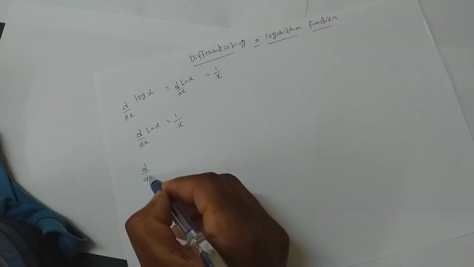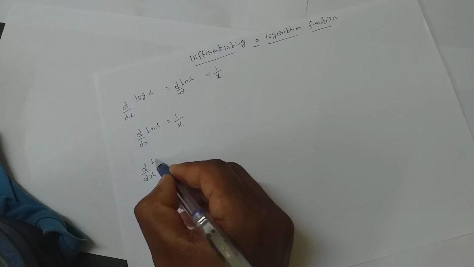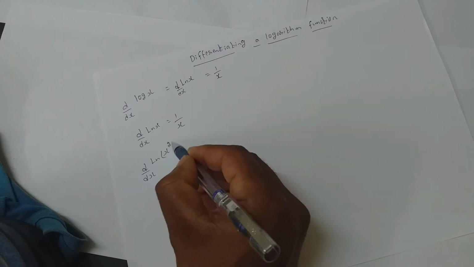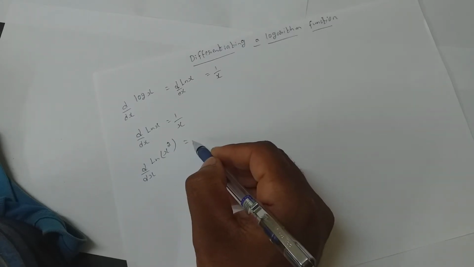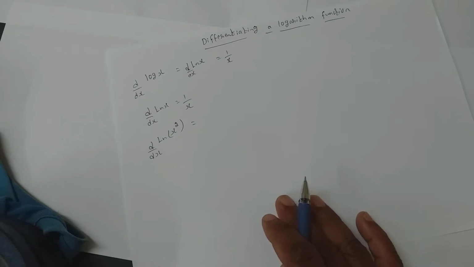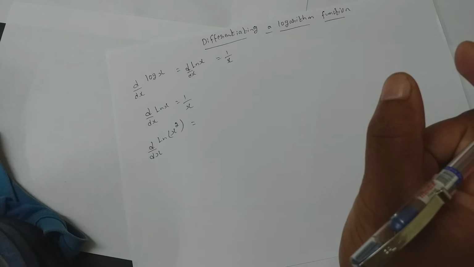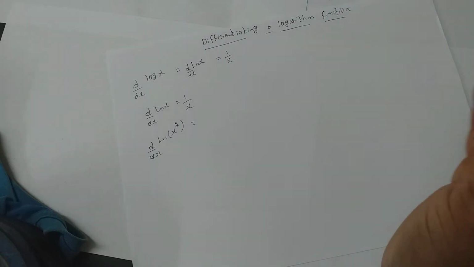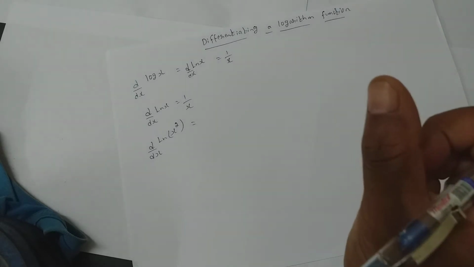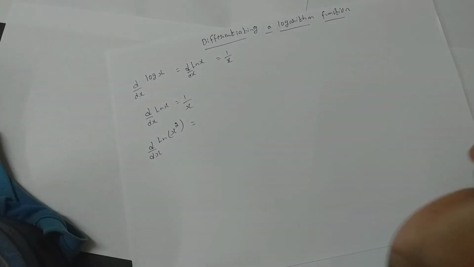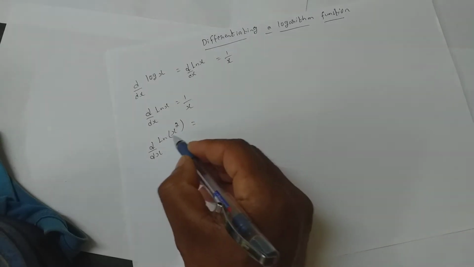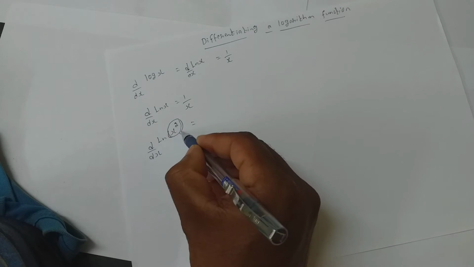Now if it is d by dx of ln of x square, then how do you get it? I have been stressing that whatever assumption you are making for x, that differentiation should be there at the end. This is one important concept of this A level. So here I need to assume it to be x.